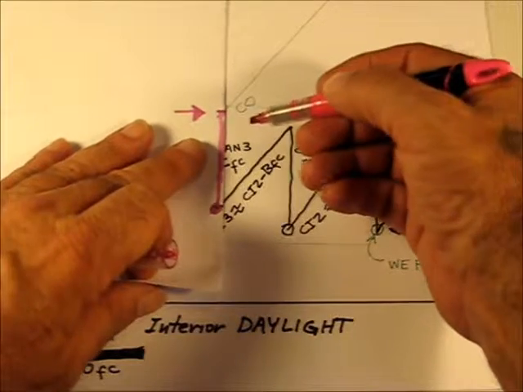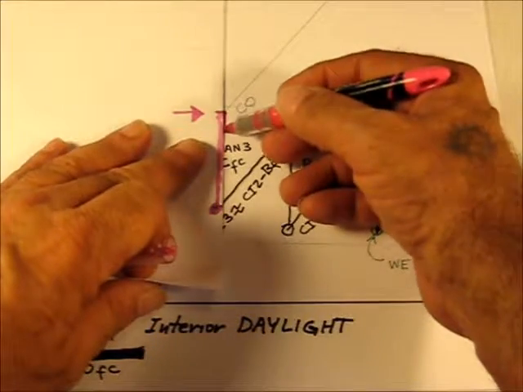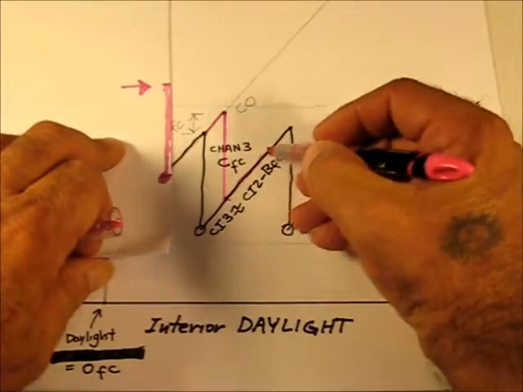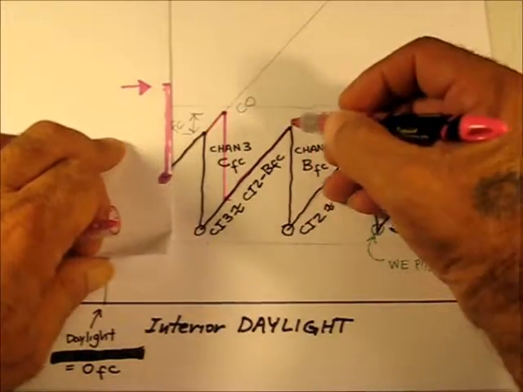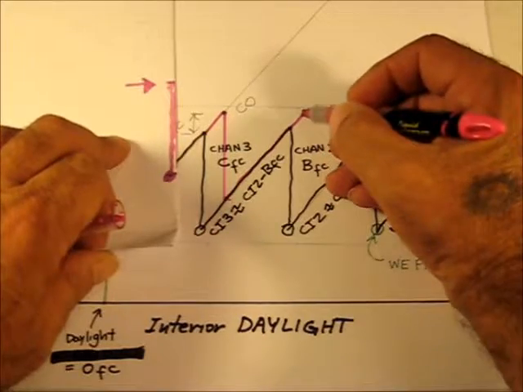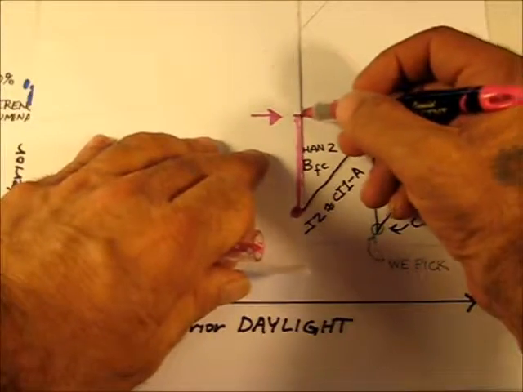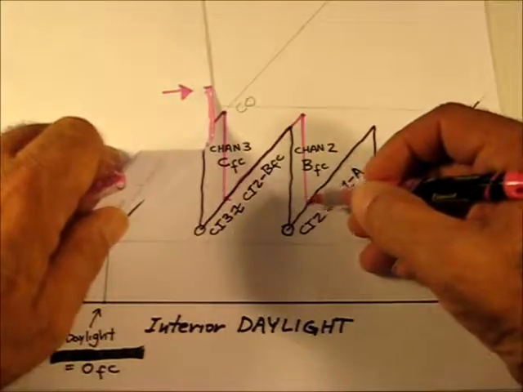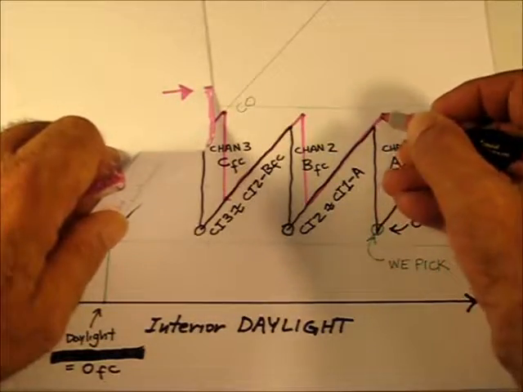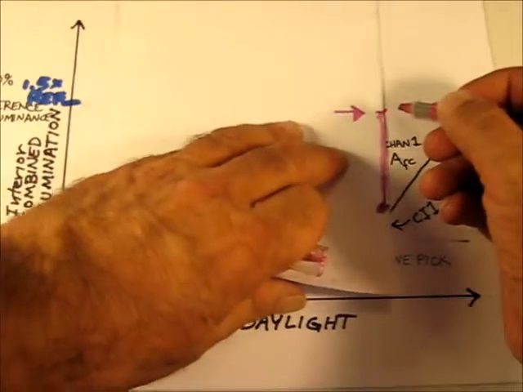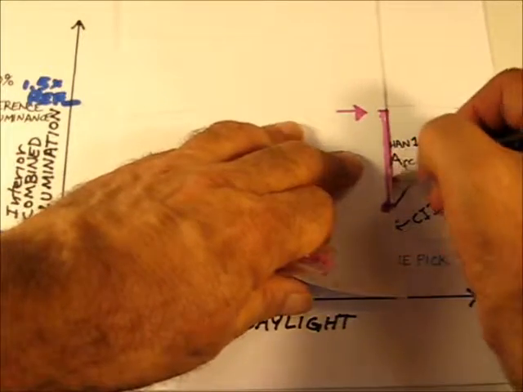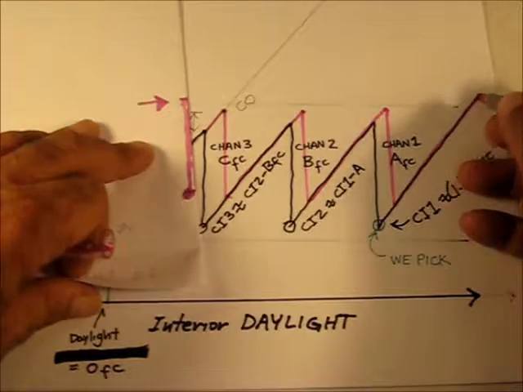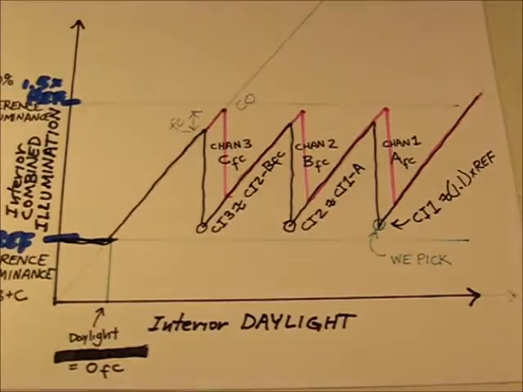That doesn't look very good. Okay, well, it's going to drop by C. Combined illumination is going to continue to increase. We're going to hit our next cutout. It's going to drop by C. Combined illumination is going to continue to increase. It's going to drop by C. And now it's all daylight. So that's about what that should look like.